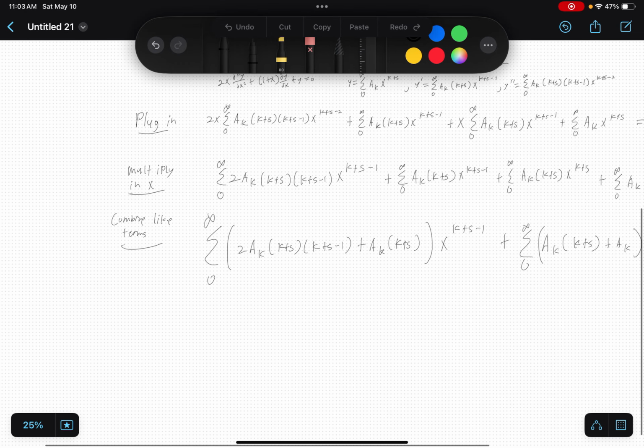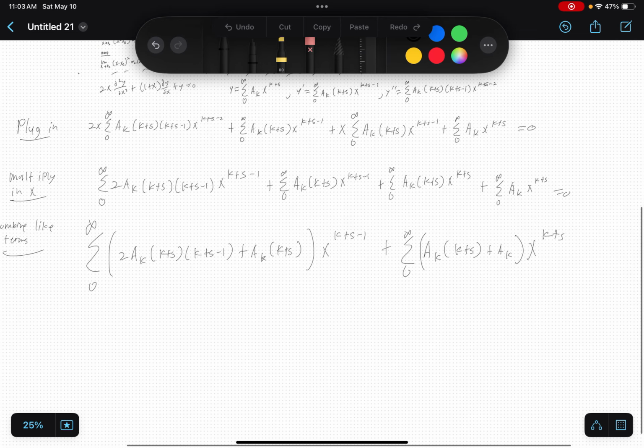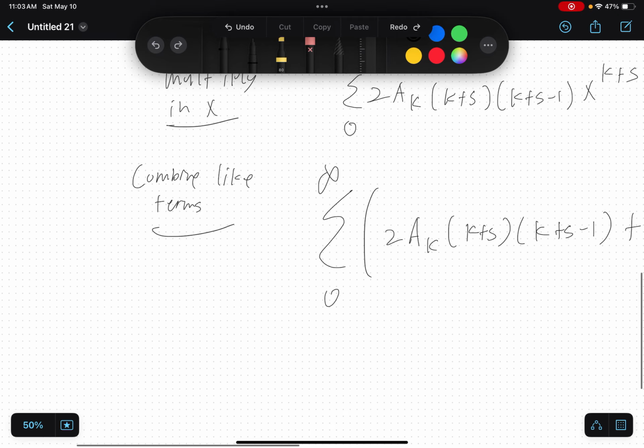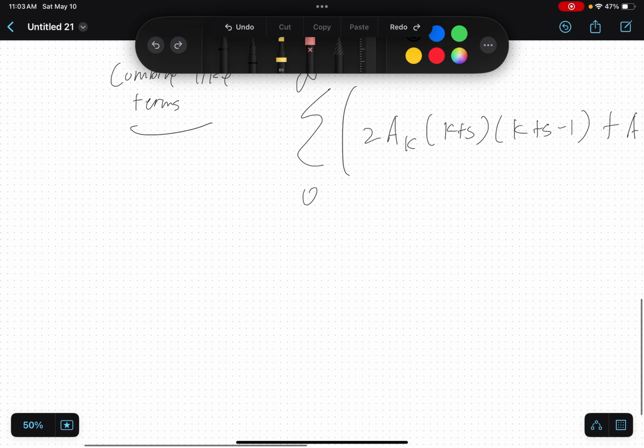And then the next step is to match the x power to the lowest x power. I'll write it down and then I'll explain what that means.